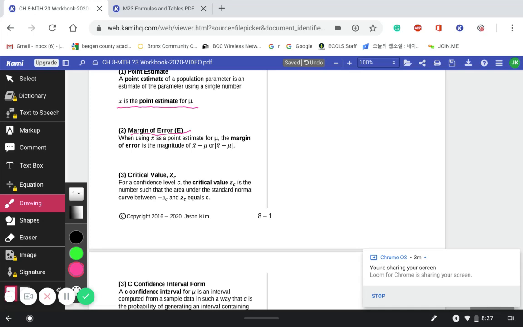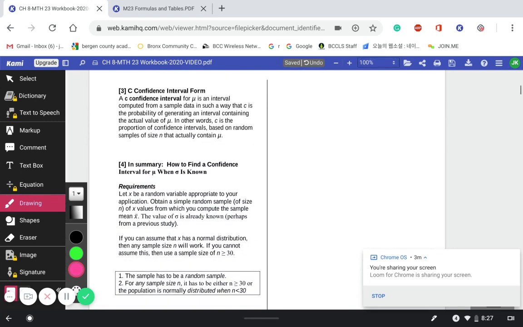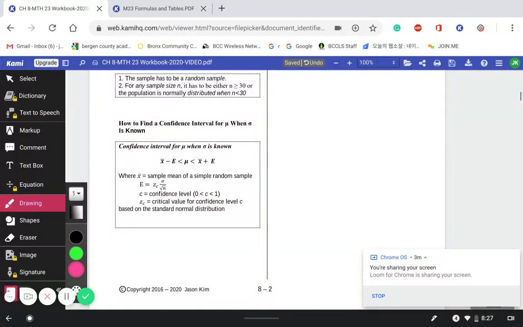And we also use the critical value, we call Z of C in this case. So by using these three terms or terminologies, we're going to predict the mean value. Okay, estimate the mean value. So now, how are we going to do that?